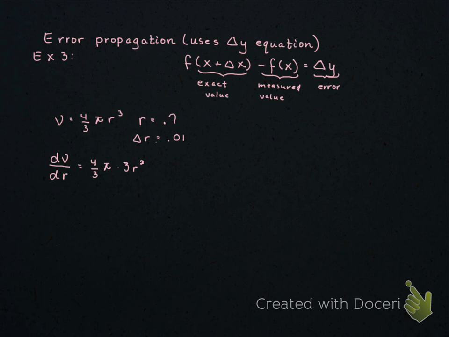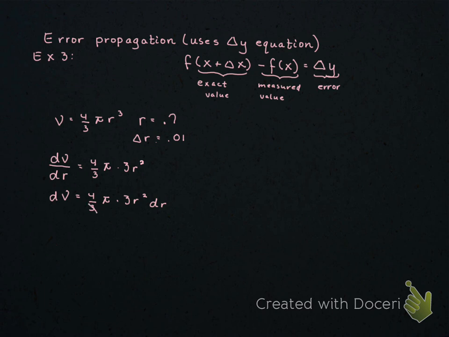Okay, now we're going to solve for dV, the change in volume, by multiplying over the dr, because dV represents the propagated error in the volume, the change in the volume when your radius changes by 0.01 either way.